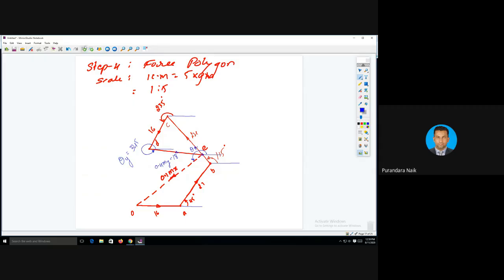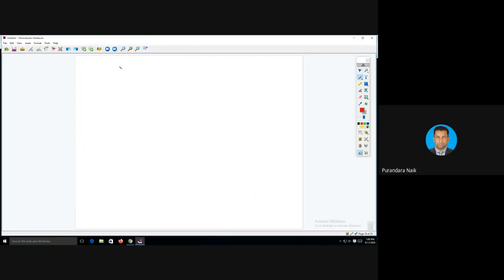Now we'll write the answer for this one. We'll write it on the next page. Calculation: 0.1 mx is equal to the length of OE into scale.